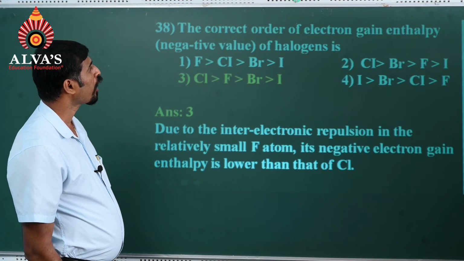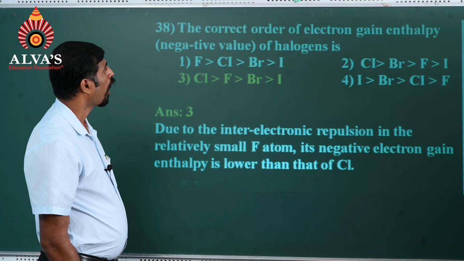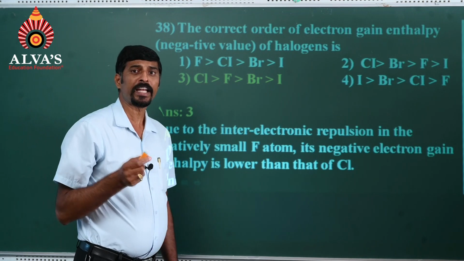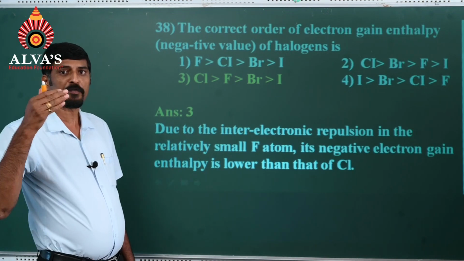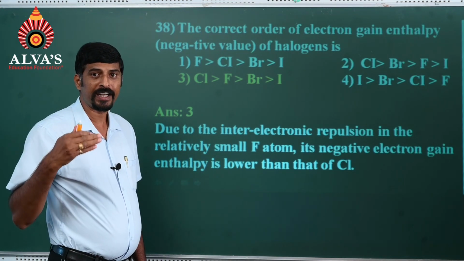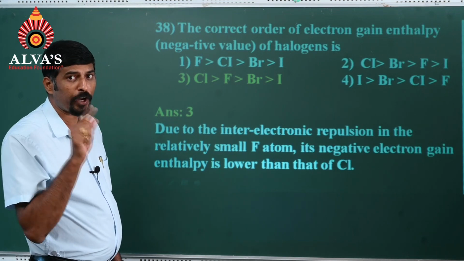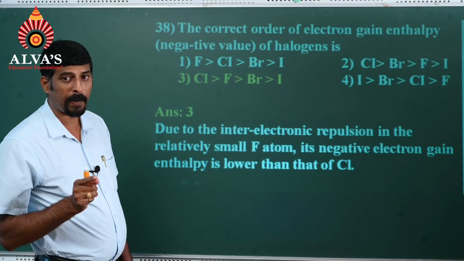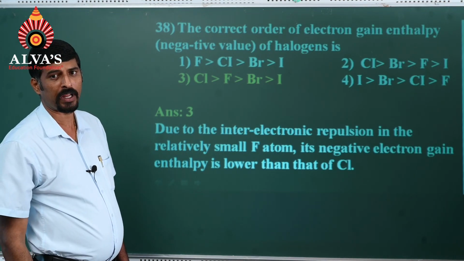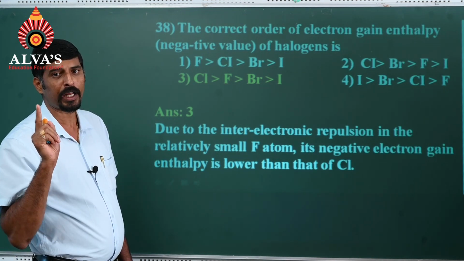Next, we will move on to question number 38. The correct order of electron gain enthalpy, negative value, of halogens is. As the size of the halogen increases, electron gain enthalpy goes on decreasing. If you consider this, the order should be fluorine, chlorine, bromine and iodine. But chlorine has a more negative electron gain enthalpy than fluorine. That is because of inter-electronic repulsion.